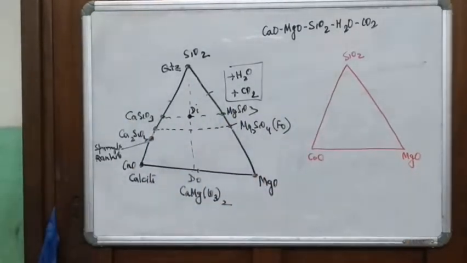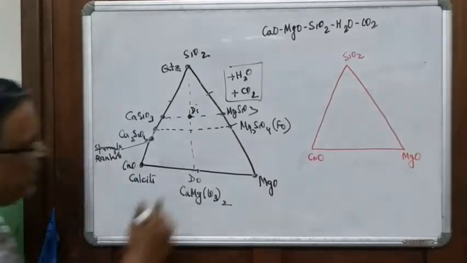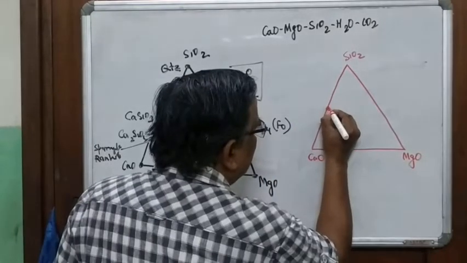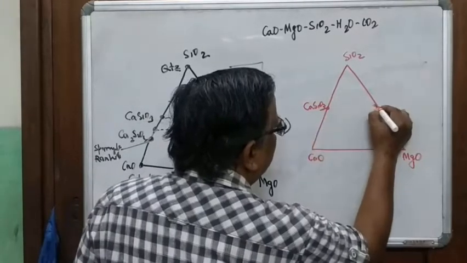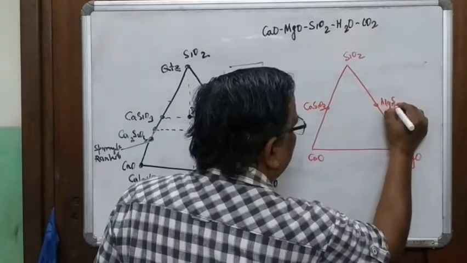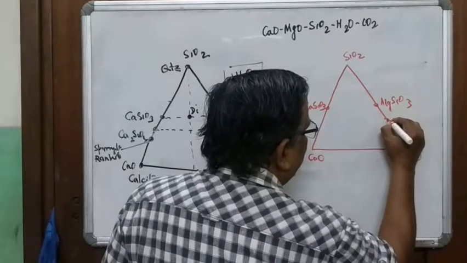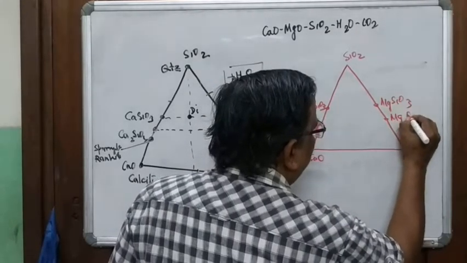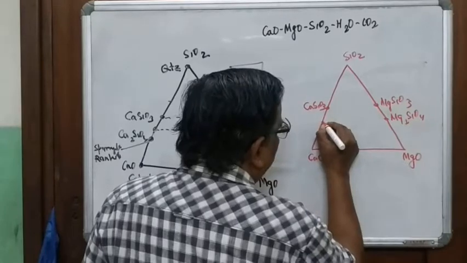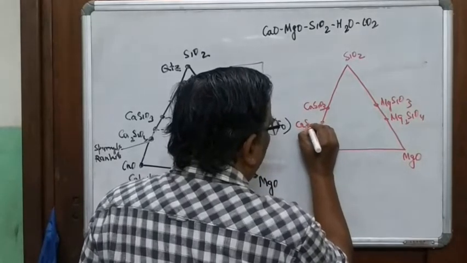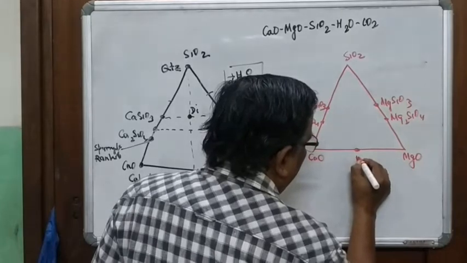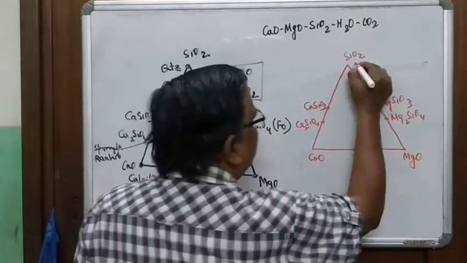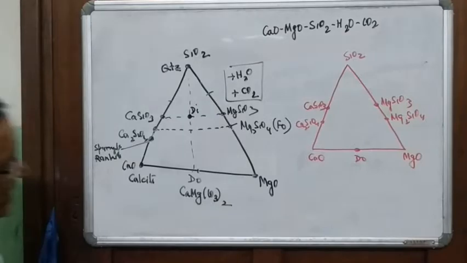Right? SiO2, CaO, and MgO. And this one here is MgSiO3, this here is Mg2SiO4, and this here is Ca2SiO4, and it goes on. You have dolomite here, and this is of course quartz, and this is calcite.